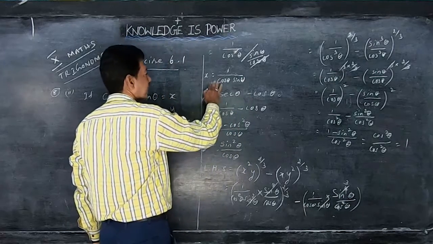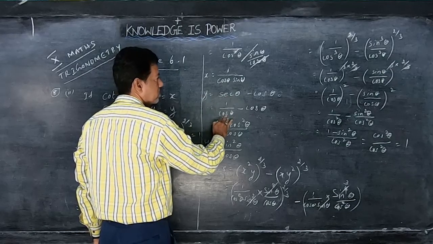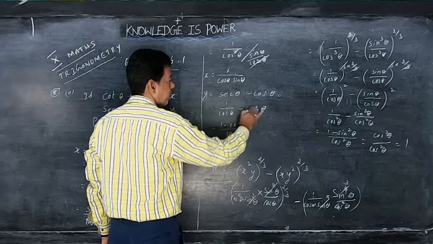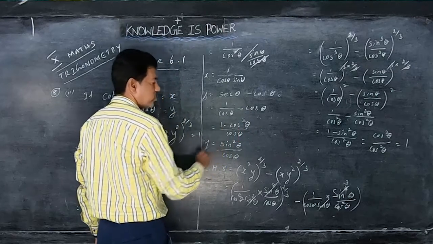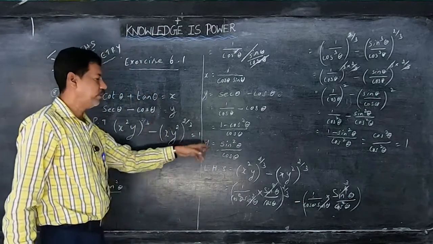This is x. Now take out the second value, y: secant is 1 by cos, minus cos, multiply the mixed fraction, 1 by cos square by cos theta. 1 by cos square minus cos square gives sin square as usual, over cos theta. This is y. So we have reduced x and y.